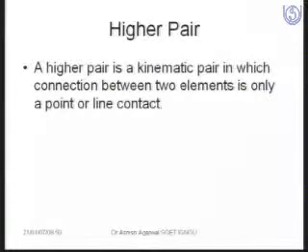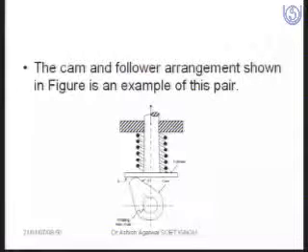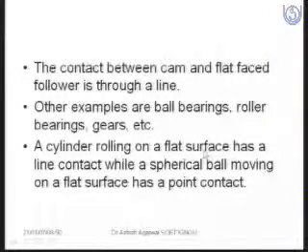A higher pair is that type of pair which has a point contact between two links. For example, we have a cam and follower mechanism where there is just a point contact between the follower and the cam. Such a type of joint or pair is called the higher pair.